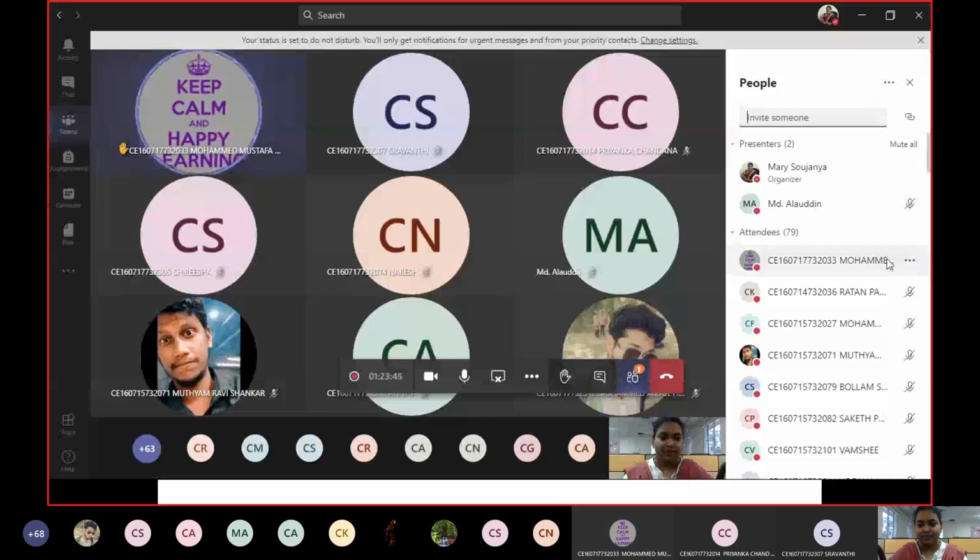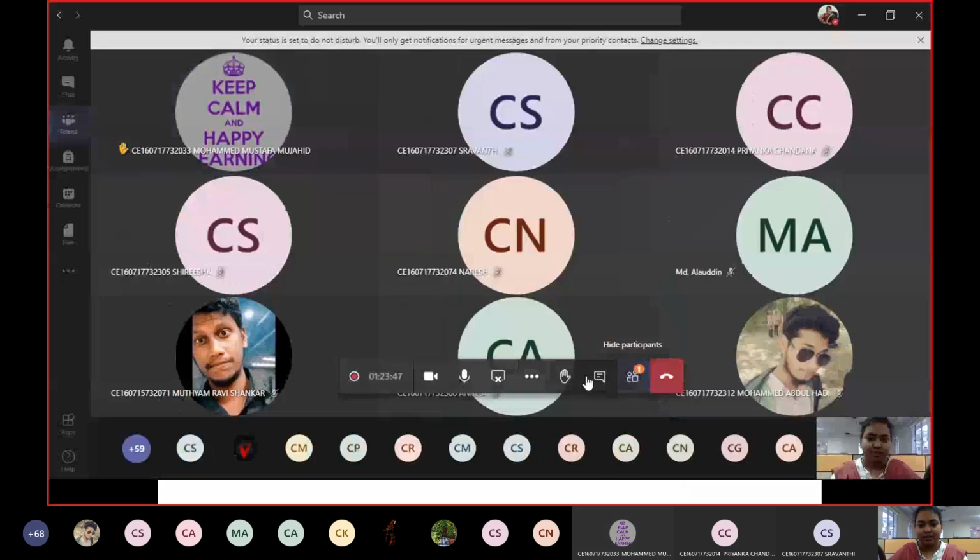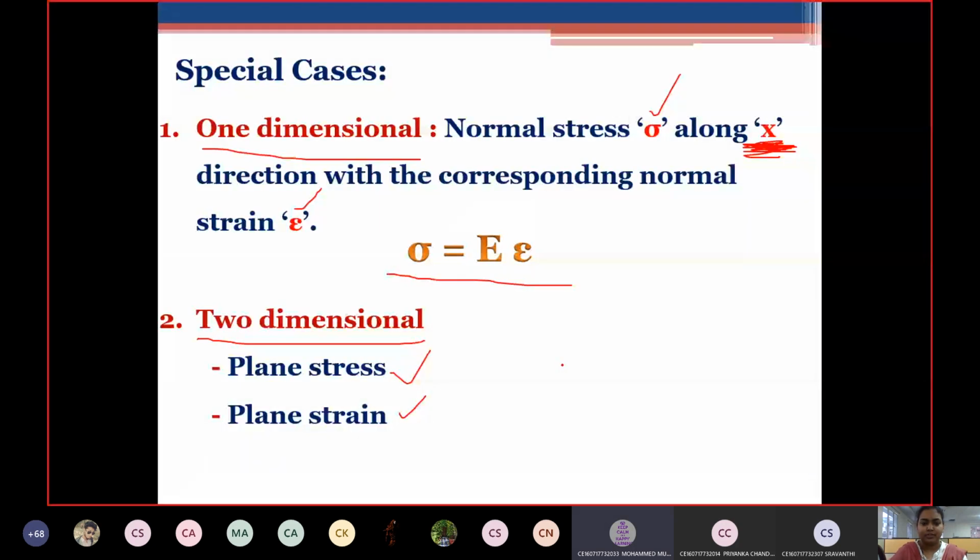Good. Mustafa, raise your hand. She already said about the shear stress, so you tell about shear strain now. Strain vector is 0 in the direction of normally. Normal what? Okay, we'll look into it. But what you said is good. It's right also.